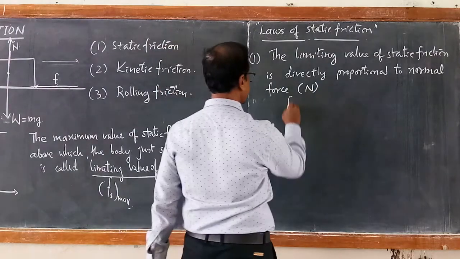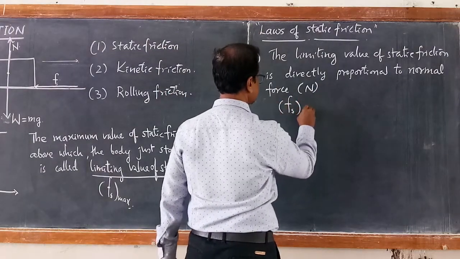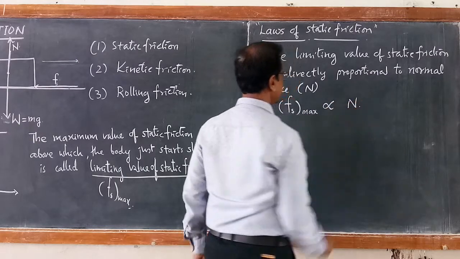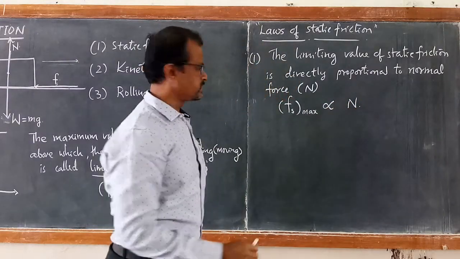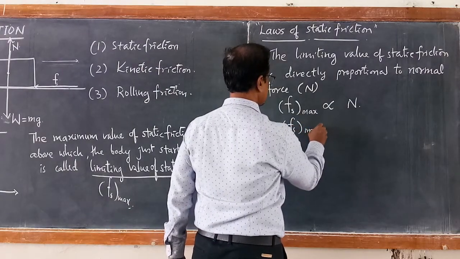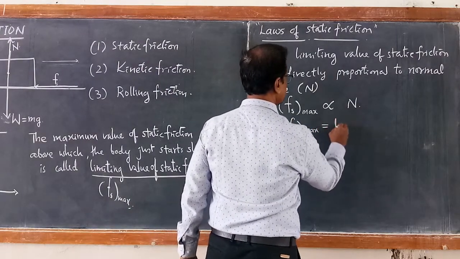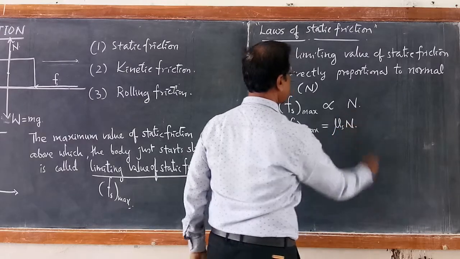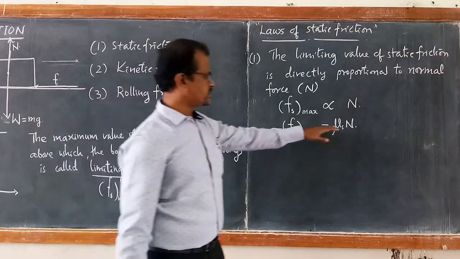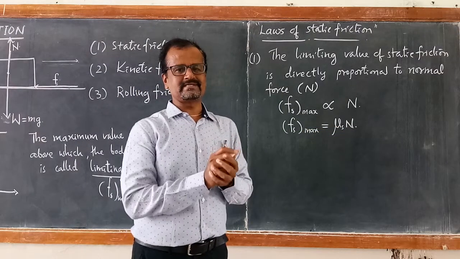So mathematically, Fs max is directly proportional to N. If you take out the proportionality sign, then Fs max is equal to μs N, where μs is the proportionality constant, which depends on the nature of the surface.